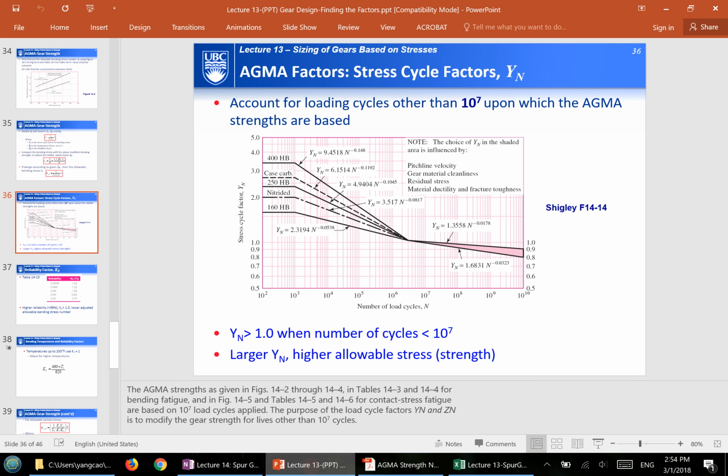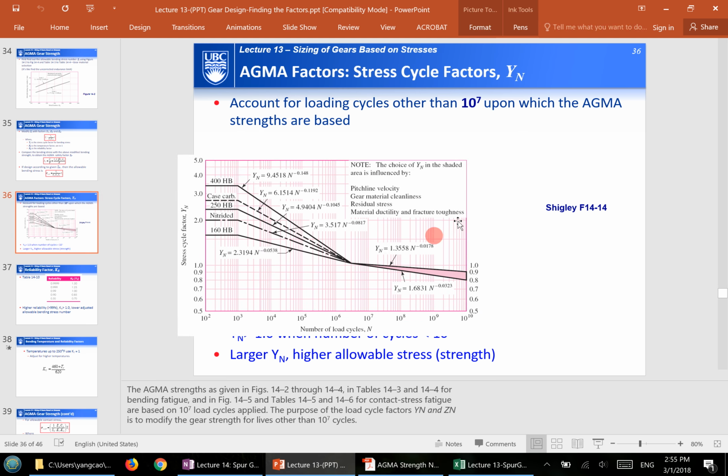In this figure, if you look at the bottom, that's the number of cycles, and 10 to the power 7 is over here. Below 10 to the power 7, for different hardness and different material surface finish, you have different formulas. At 10 to the power 7, it branches out to only two lines here.